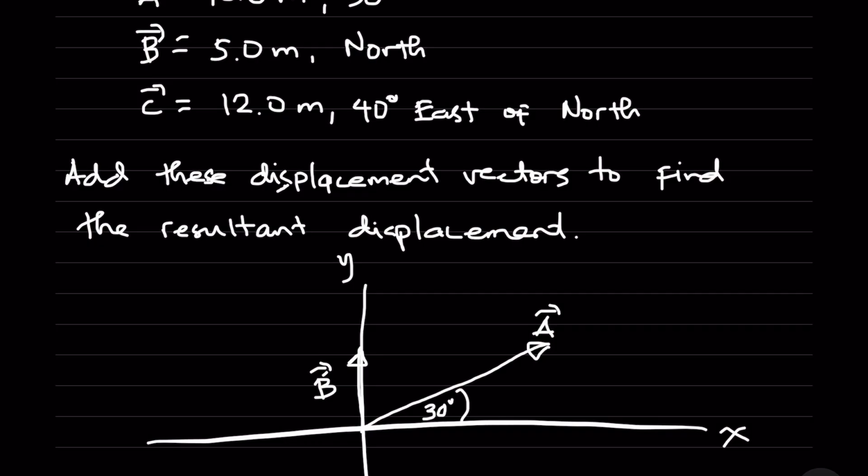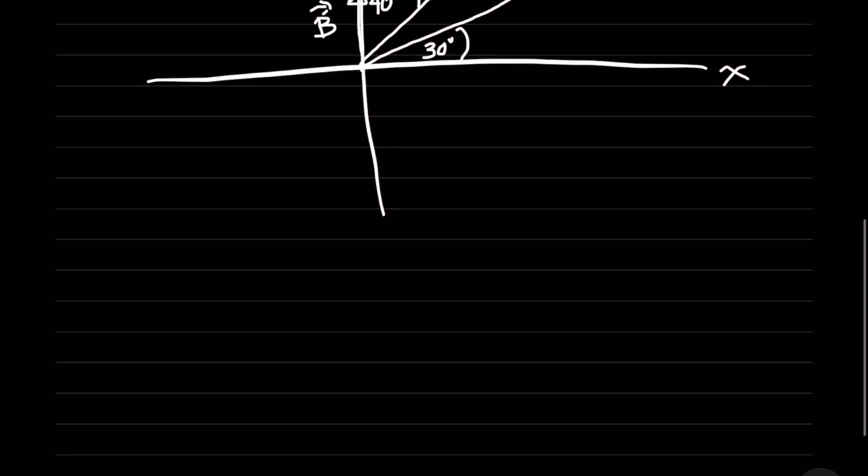Vector C, on the other hand, has a direction of 40 degrees east of north. So the reference would be north, which is the positive y-axis. Then you measure the angle to the east, or going towards the positive x-axis.